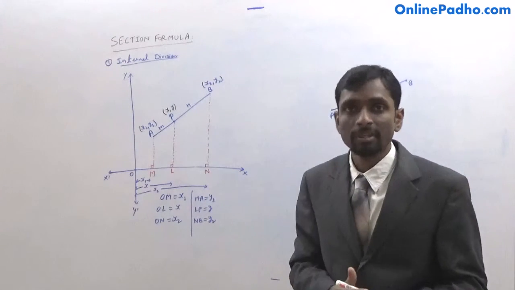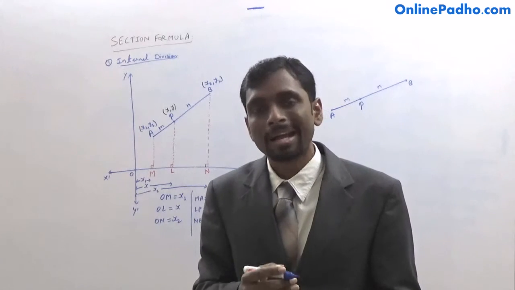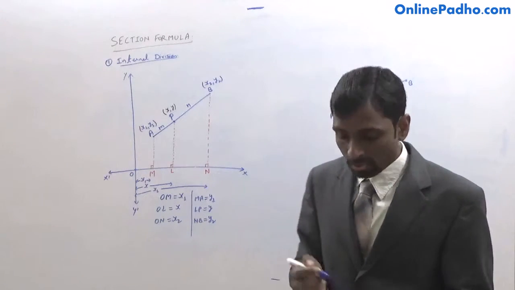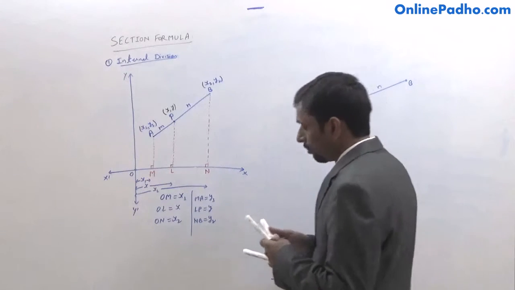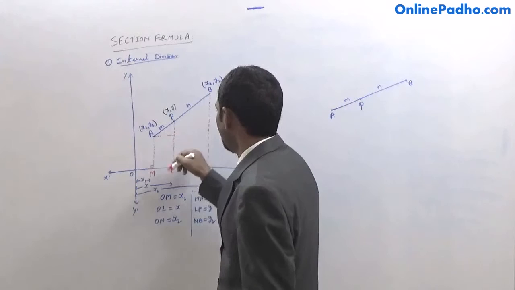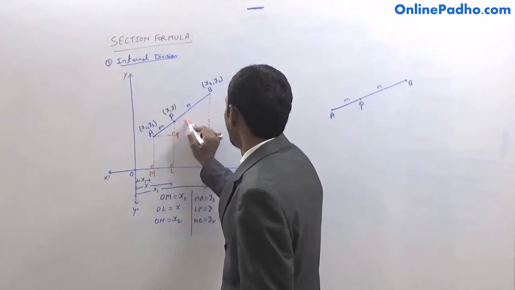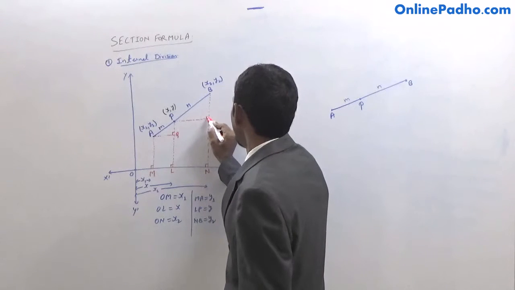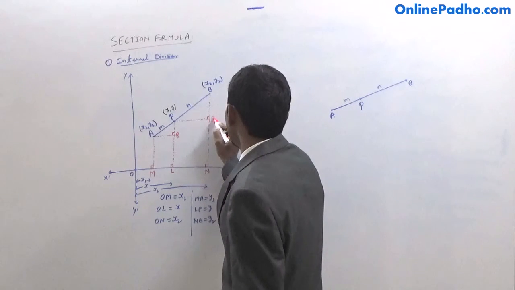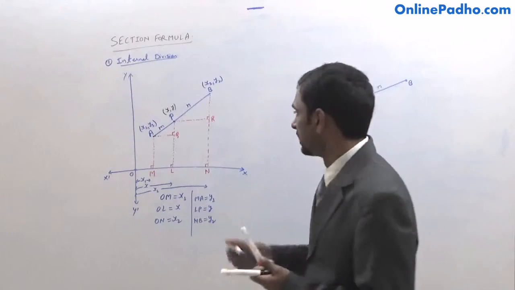To find these, we need to draw some triangles. To draw a triangle, we need to draw two more perpendiculars: the perpendicular from A to the line PL, which is called AQ, and another perpendicular from P to the line BN, which is called PR. So we have drawn two more perpendiculars here.